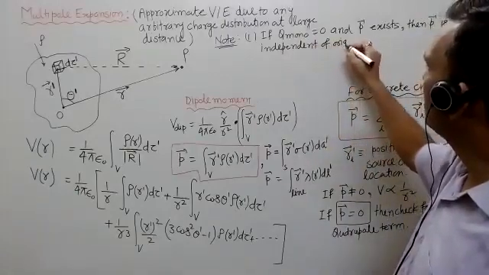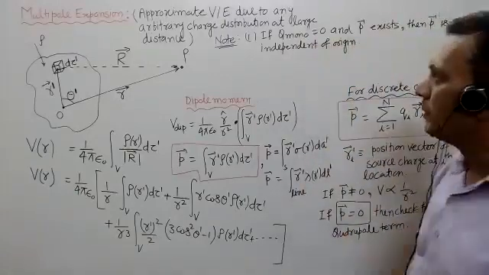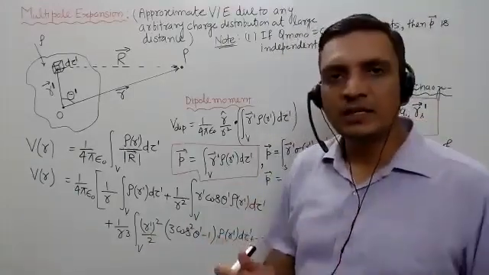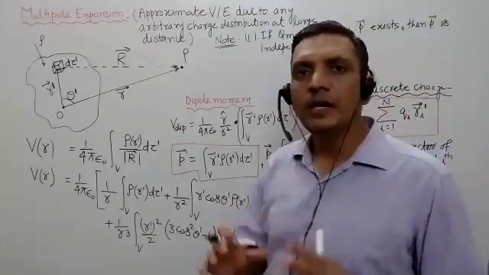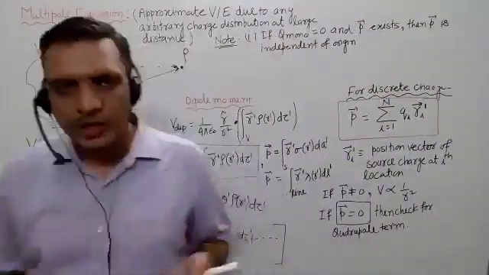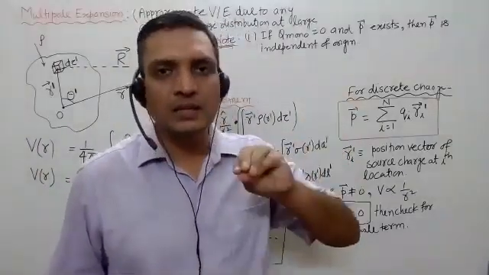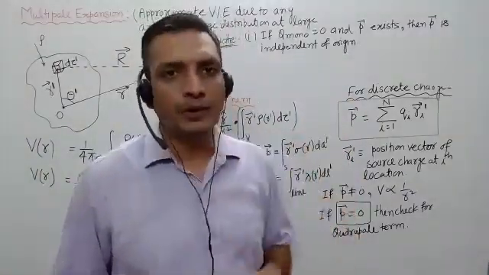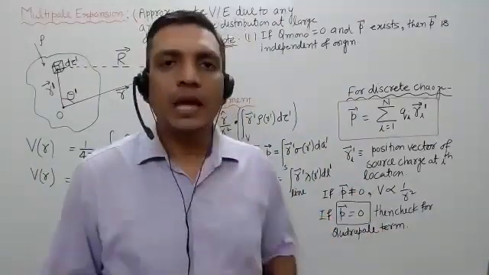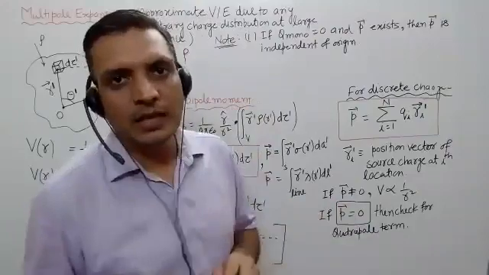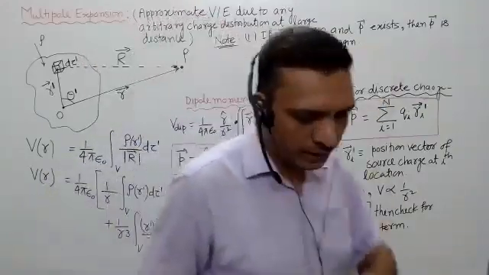We will verify this statement. Whenever Q mono is 0 and the dipole moment exists, it is independent of the origin. So in objective questions, if Q mono is 0, you know the total charge is 0 and you have to find the dipole moment, then you can shift the origin according to your convenience so that you can easily find the dipole moment. So we will discuss this point.